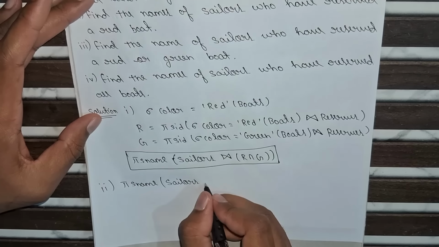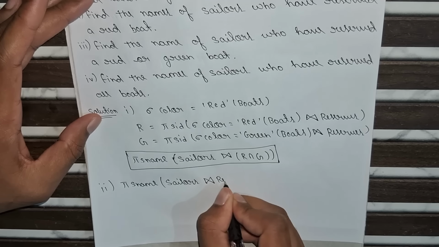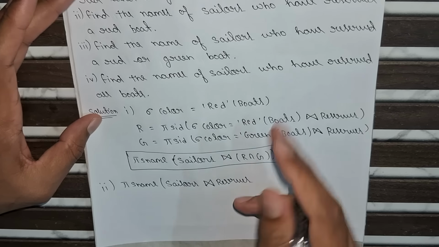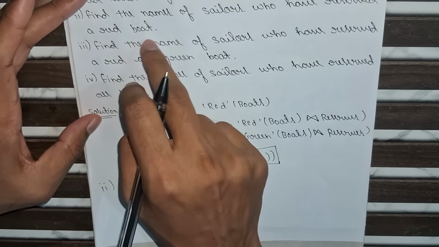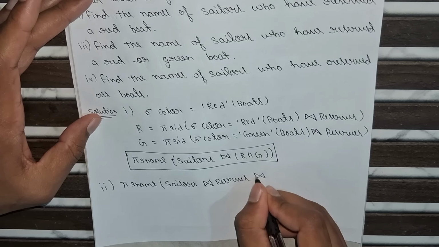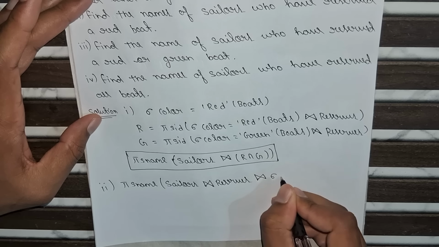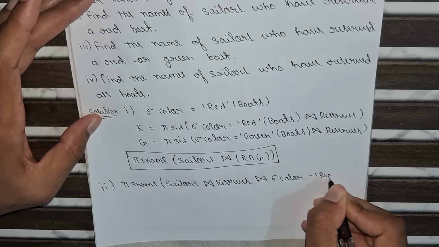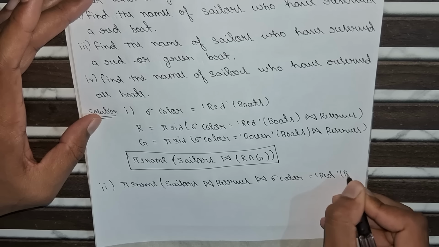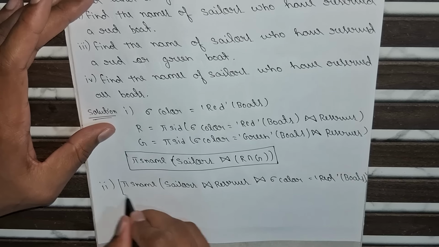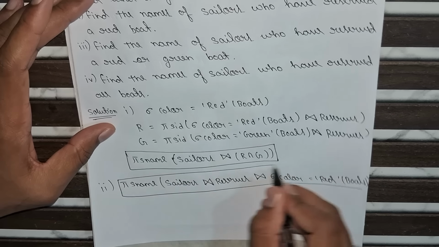So we will write join and it will be reserves. Then again a red board, it is also containing board. So again we will join here, first we will write the color, select the color which is red, and red is what, board. So boards, and close the bracket.